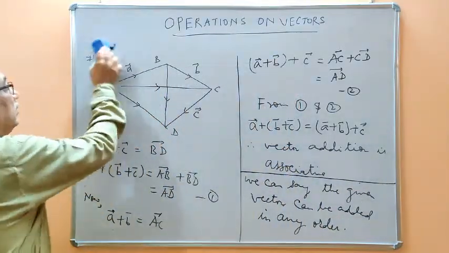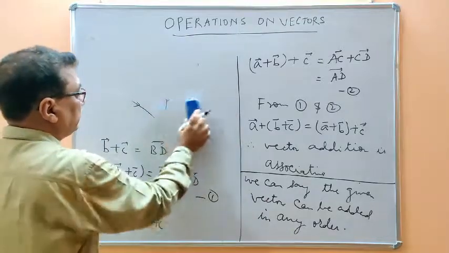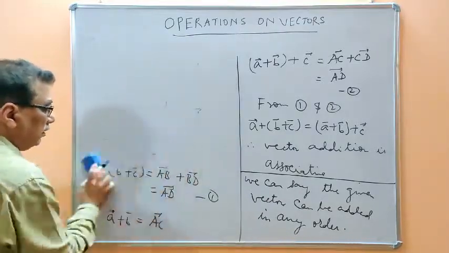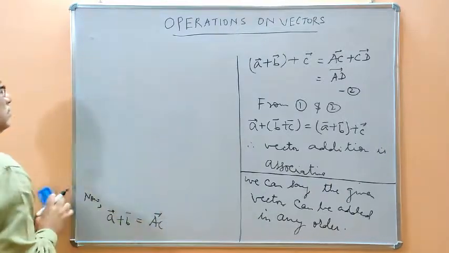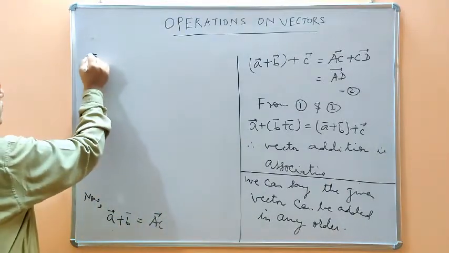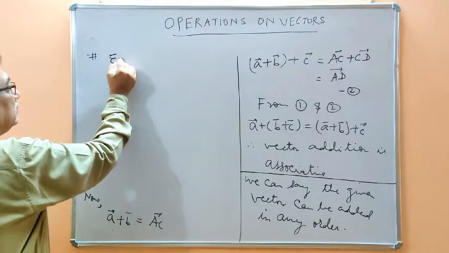Okay. Now, the third property, which is called existence of identity element.